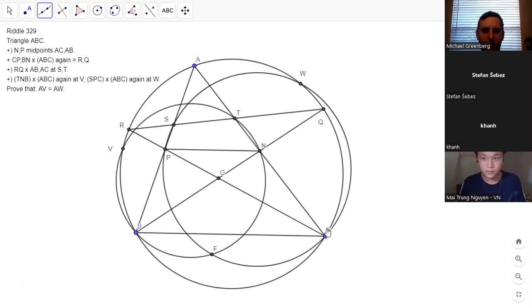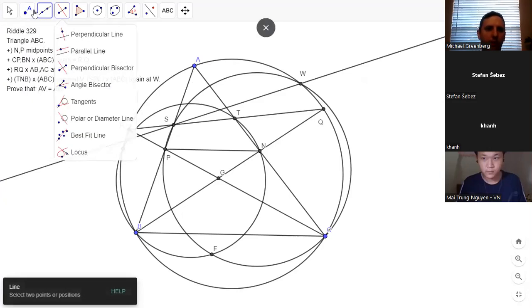So we want to show SWC. If we did that, we want to show SWC as SPR, which is half the sum of those two arcs. Okay, so basically, I think we want to show WS bisects arc AB.